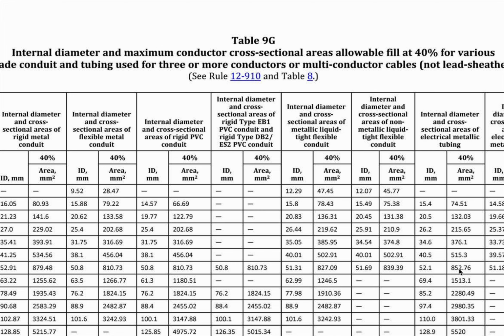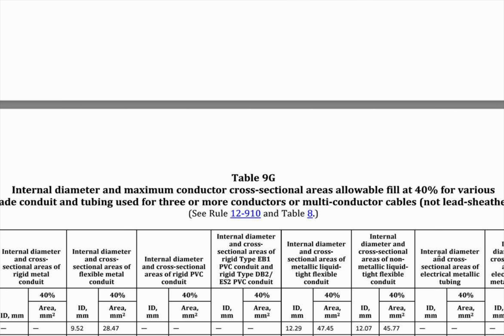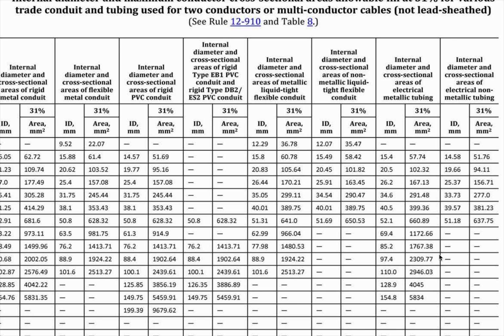You should use this row, which is about EMT conduit trade size 53, and 53 is 2 inches. So that's how you can use tables 9 and tables 6.